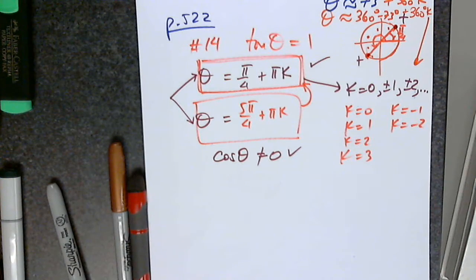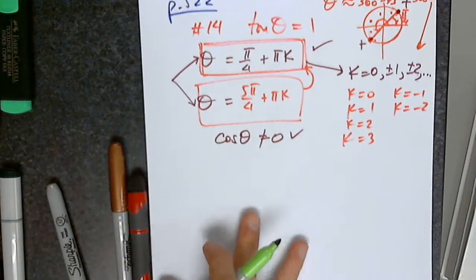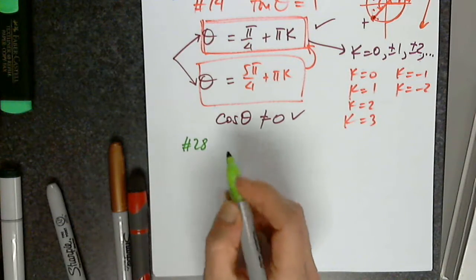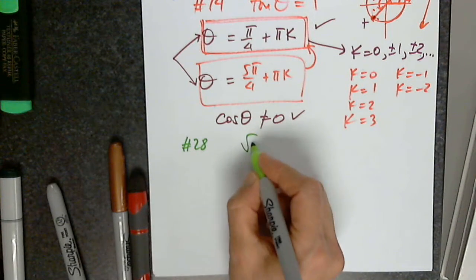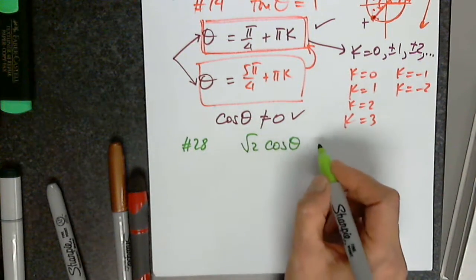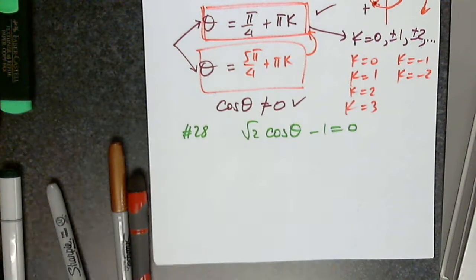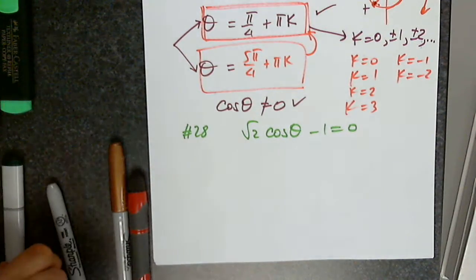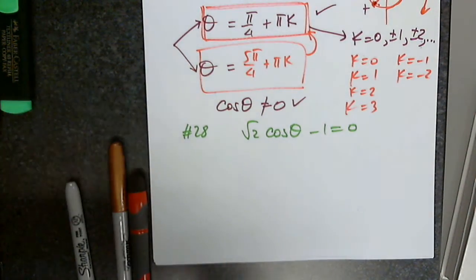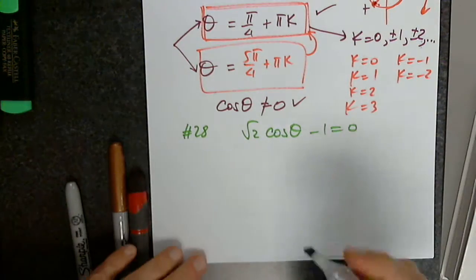Let's say problem 28. The square root of 2 cosine theta minus 1 equals 0. I'm asked to solve for theta, but first I have to solve for cosine. I move the 1 and divide by the square root of 2.